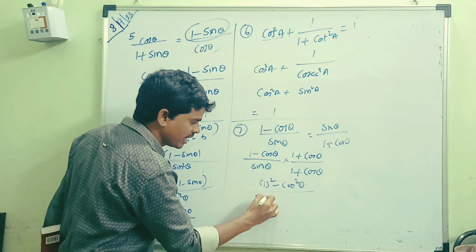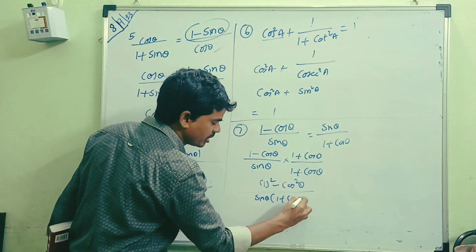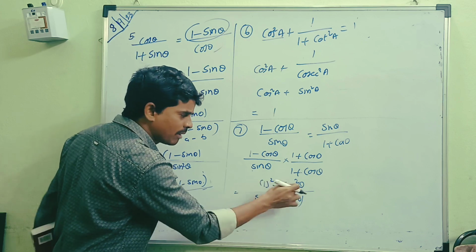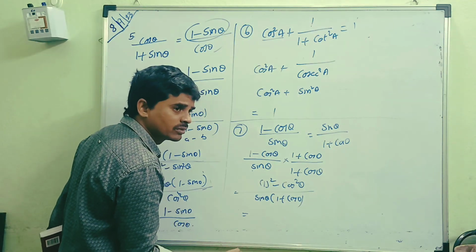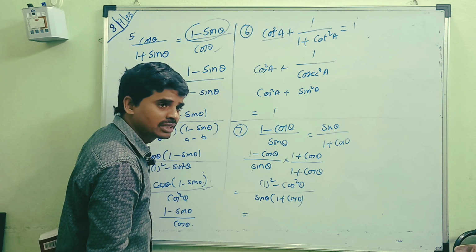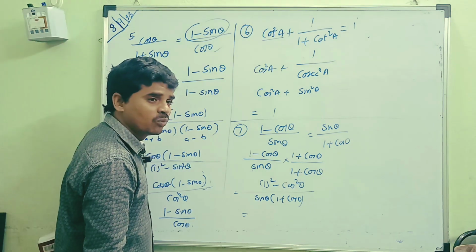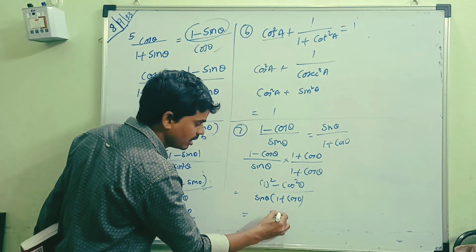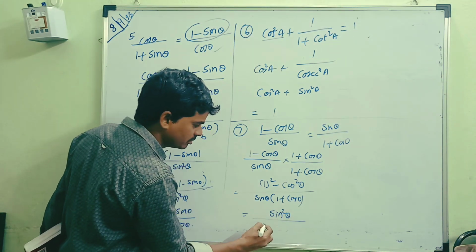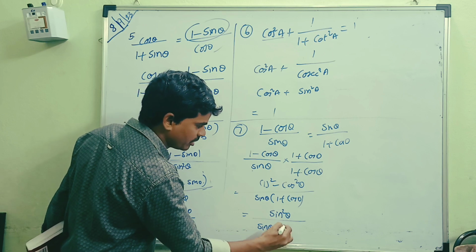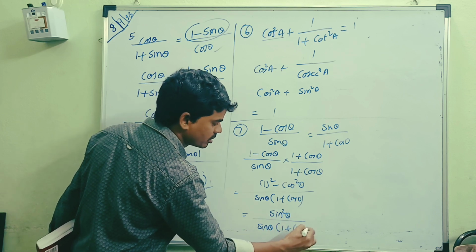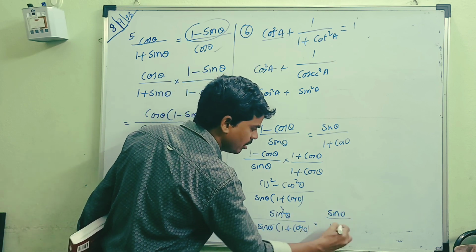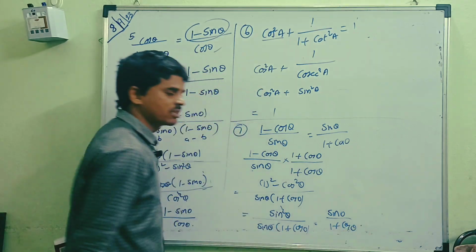So sin theta into 1 plus cos theta. 1 minus 1 square, value 1 only. 1 minus cos square, what can we write? It's sin square. Sin square theta by sin theta into 1 plus cos theta. One sin will be cancelled. So sin theta by 1 plus cos theta is the answer.